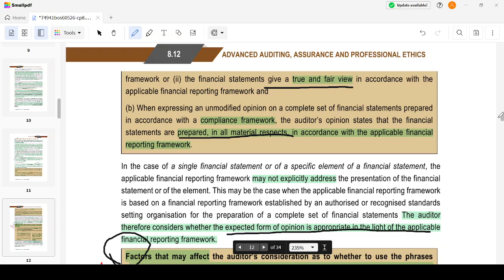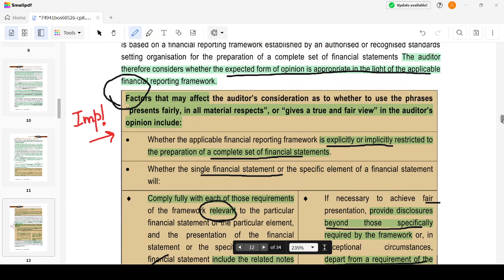Now, the next is a very important question. Please make a note of it. Factors that may affect the auditor's consideration as to whether to use the phrases present fairly in all material respects or gives a true and fair view in the auditor's report include whether the applicable financial reporting framework explicitly or implicitly restricted the preparation of a complete set of financial statements.